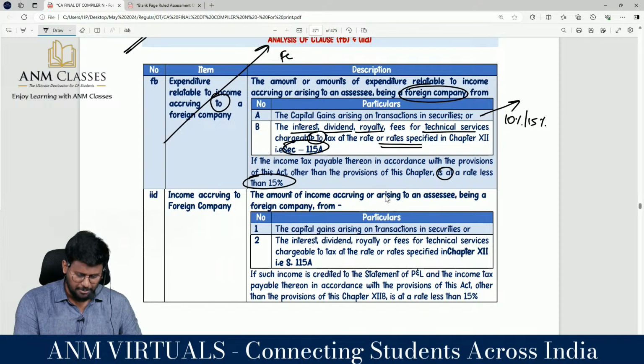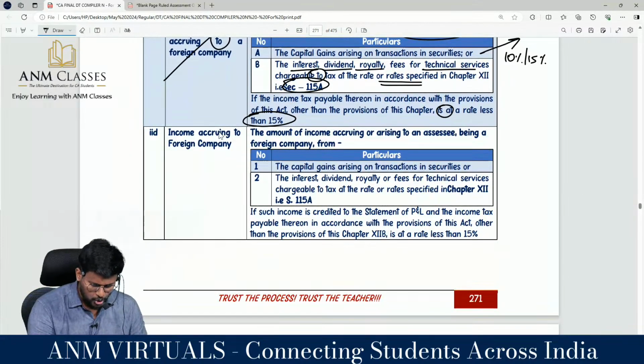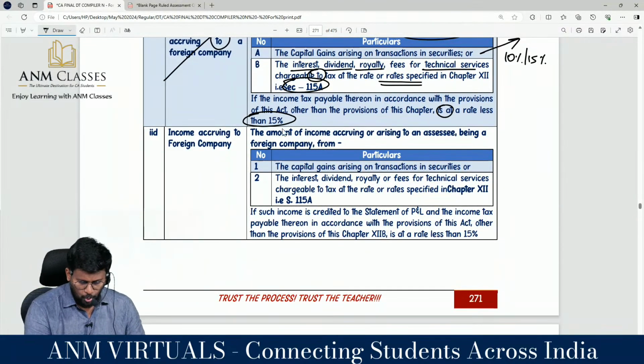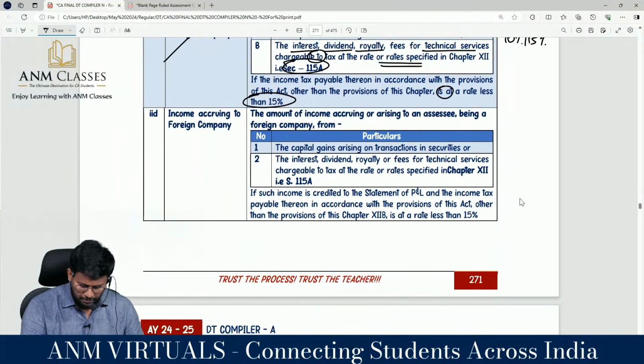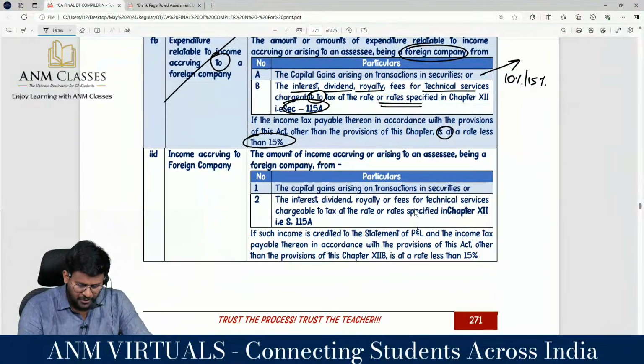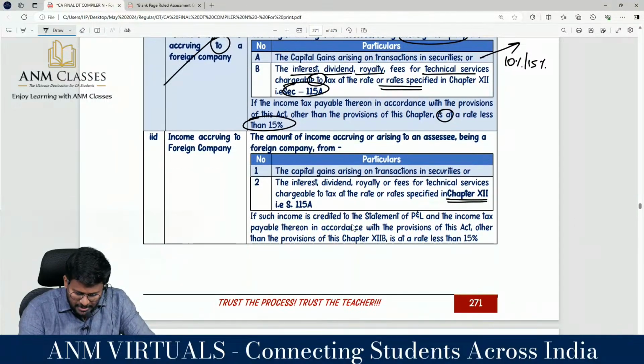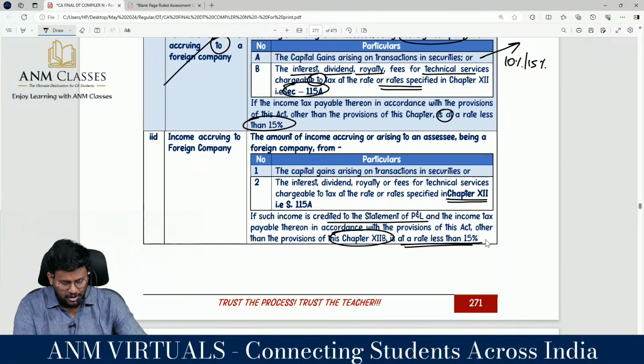Income accruing to a foreign company, amount of income accruing or arising to a company being a foreign company from the capital gain arising on transaction in securities or the income at the rate specified in Chapter 12, if such income is credited to P&L account, and income tax payable thereon in accordance with the provisions of this Act other than the provisions of Chapter XII-B is at the rate of less than 15%.